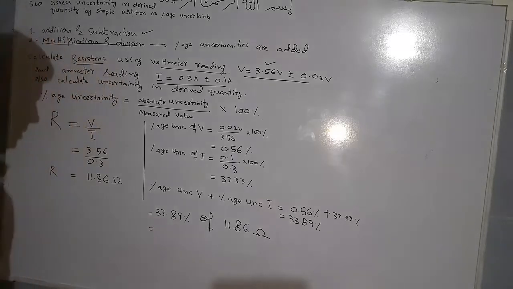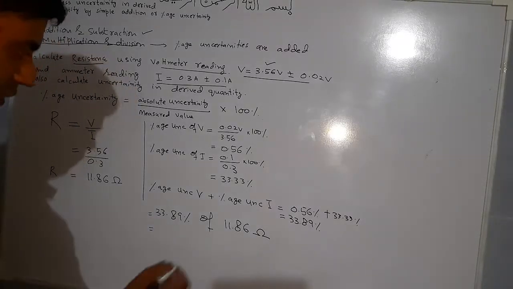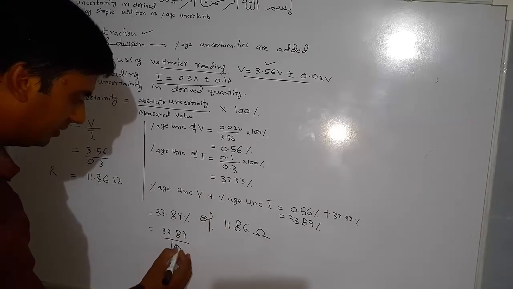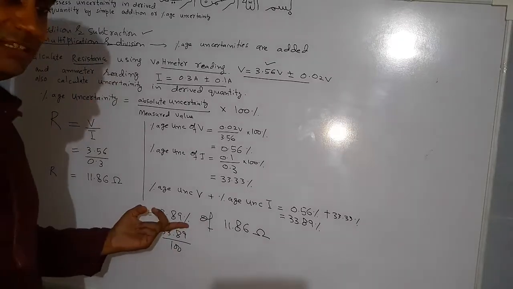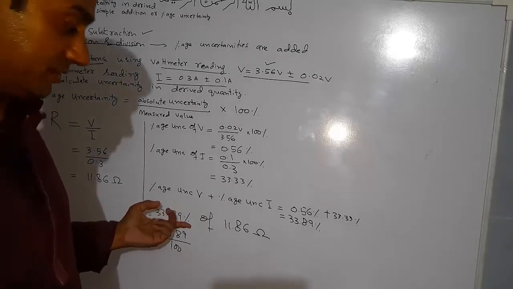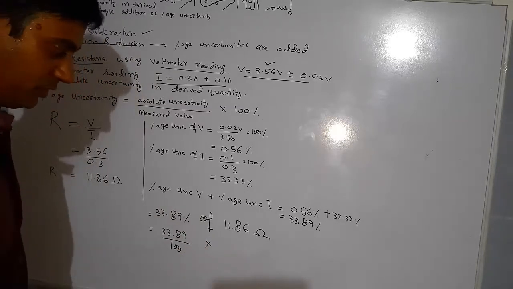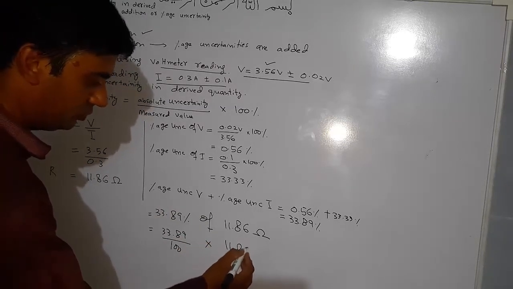We can calculate the uncertainty easily. Of means multiplication, and 33.89% means divided by 100. Percent is derived from per centum, divided by 100. Of means multiply, 11.86 ohms.